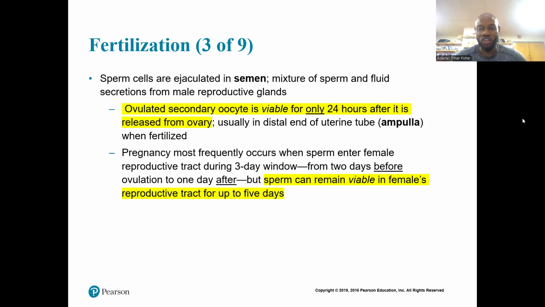Pregnancy most frequently occurs when the sperm enter the female reproductive tract during a 3-day window, 2 days before ovulation, 1 day after. But sperm can remain viable for up to 5 days in the female's reproductive tract. So I may not get pregnant right away, but it could happen eventually.